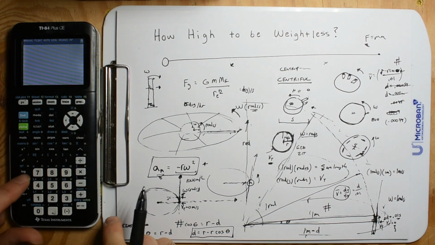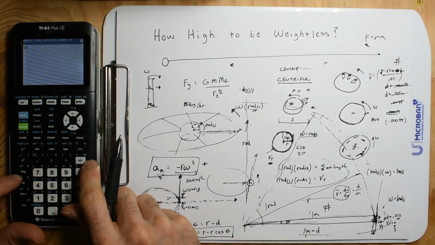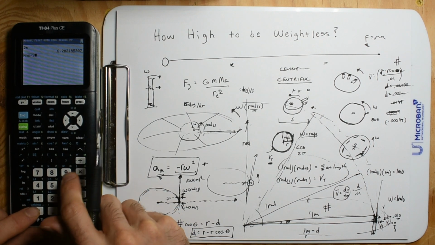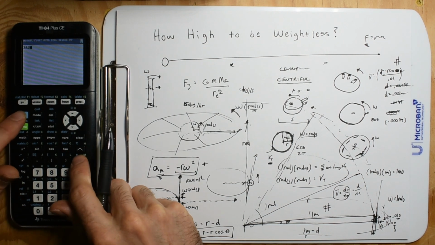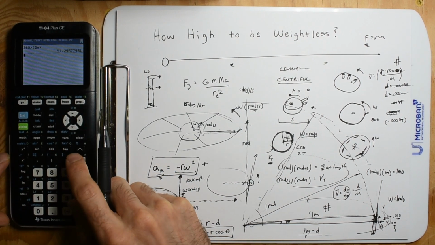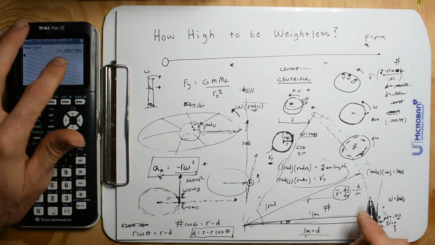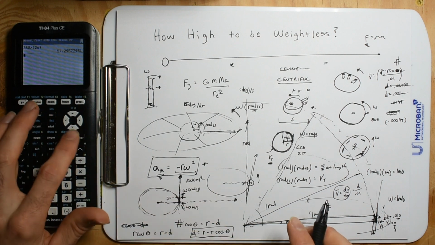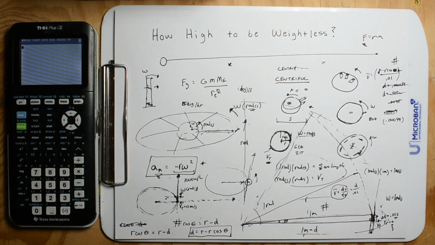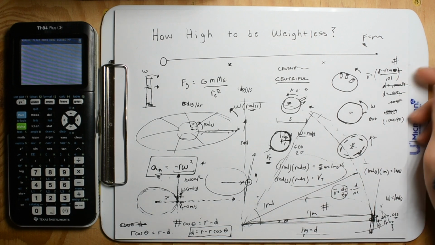So 1 radian is 360 divided by 2 pi. That's 1 radian, 57.29 degrees. Okay, let's focus, because we're basically close.